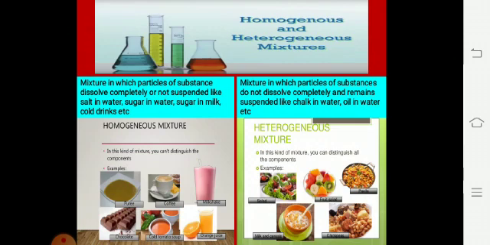A mixture in which particles of substances dissolve completely, or you can say are not suspended. For example, salt in water, sugar in water, sugar in milk, cold drinks, etc. Means all these materials dissolve completely.